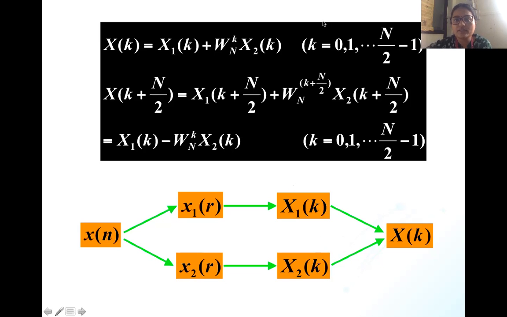This is the first stage computation of x of n. But the number of stages one has to apply depends upon the formula N is equal to 2 raised to L. L decides the number of stages. So this is the first stage computation that we have applied.